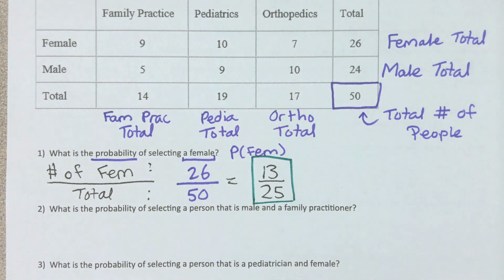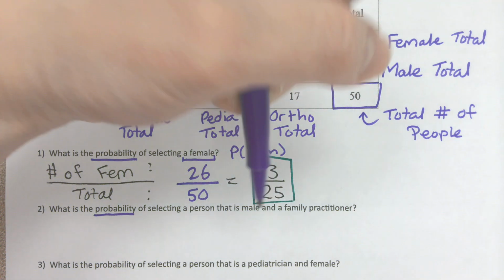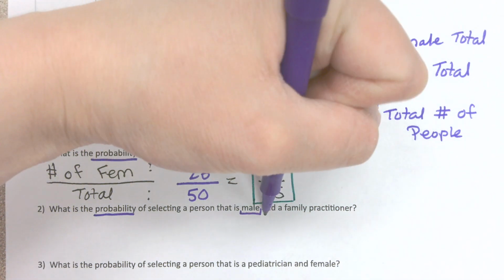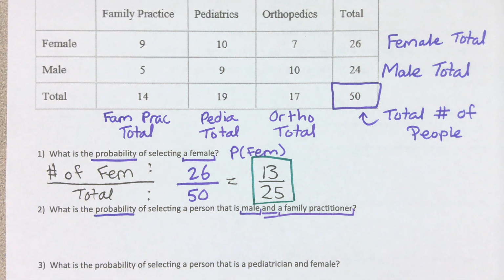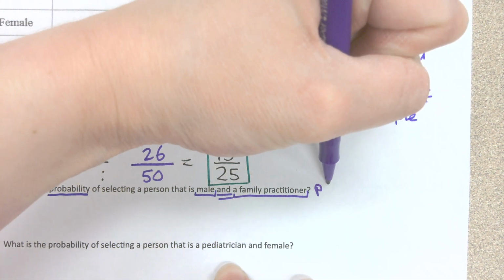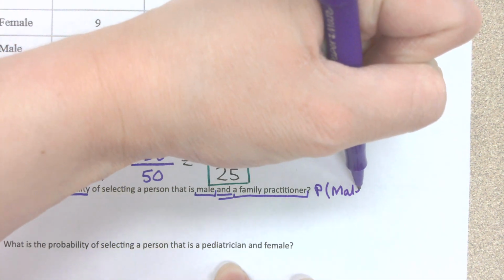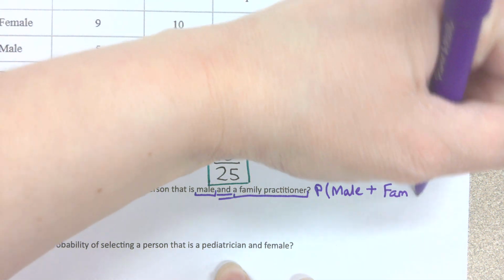Number 2, what is the probability of selecting a person that is male and a family practitioner? That "and" is extremely important. So we're finding probability P of male plus, I'm going to abbreviate, FAMPRAC.